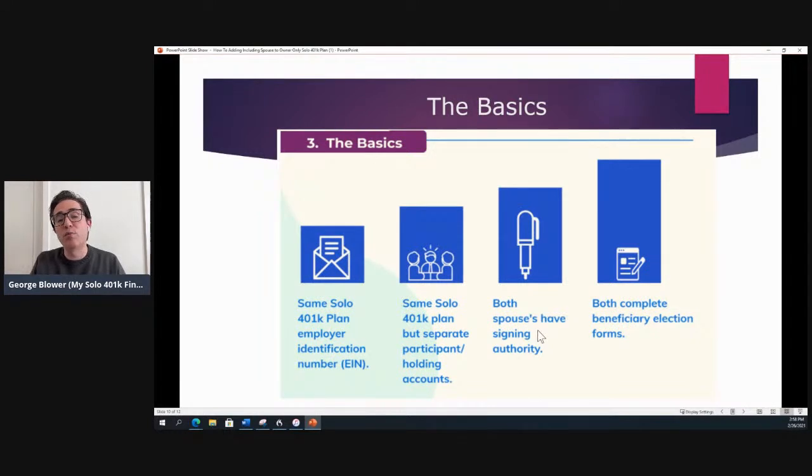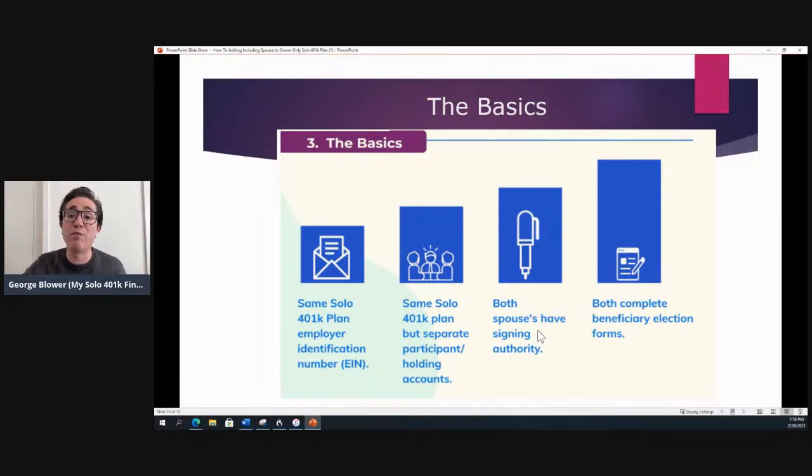Each spouse is going to complete their own beneficiary election form, because the beneficiary election form is at the participant level. One spouse could say, upon my death, I want my 401k assets to go to a specific person or a trust that my estate planning advisor has set up.